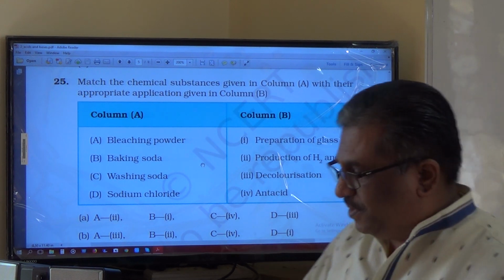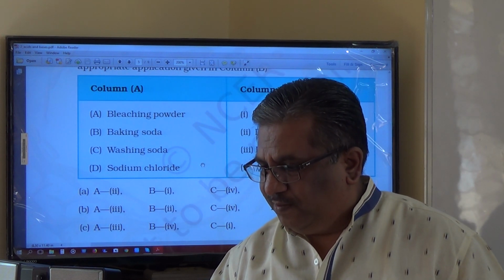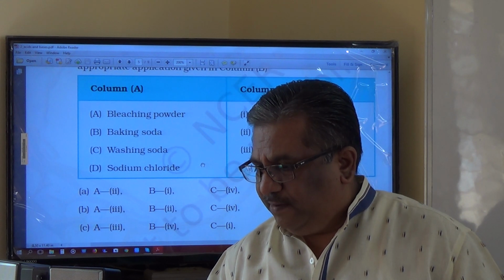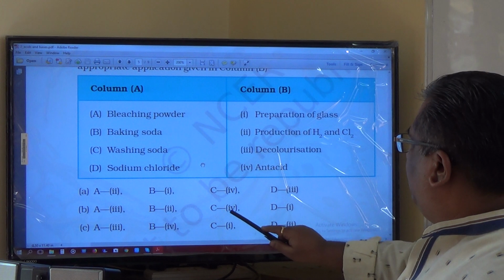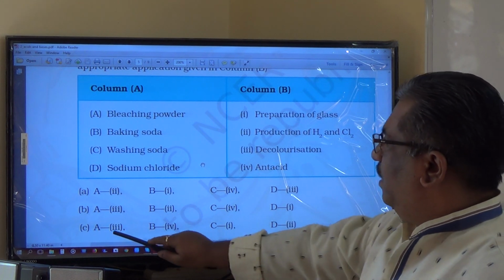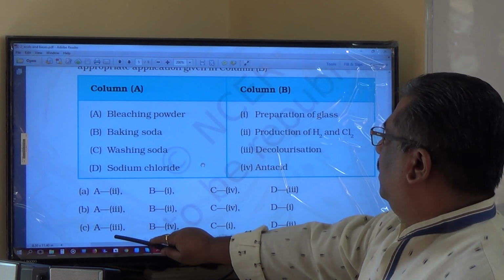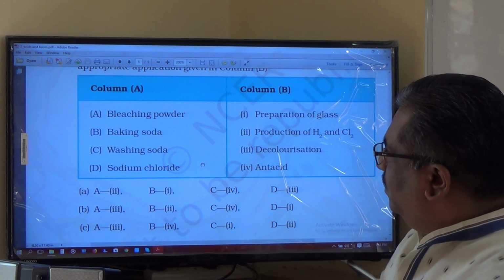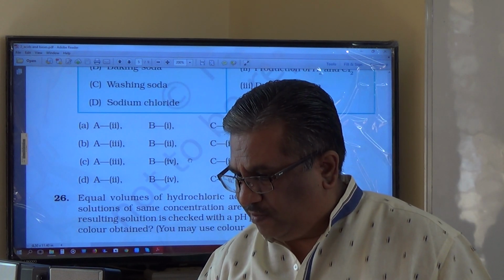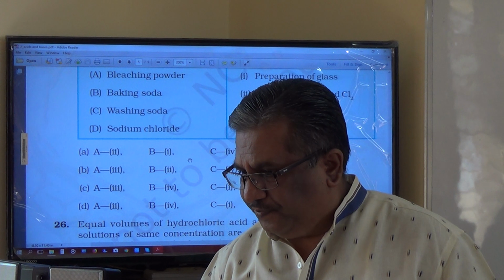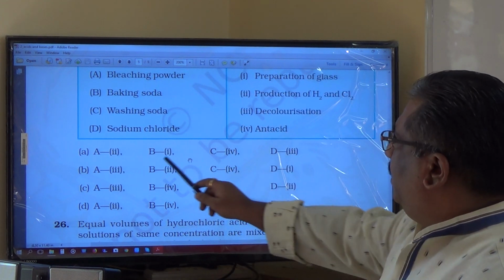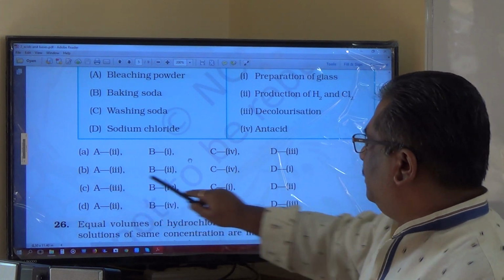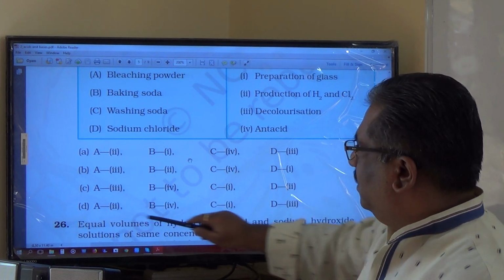So let me check what answers we have to find out here. A3. Where is A3? Here, A3. Okay. What he has given? Okay. So these are 4 options. A is this option, B is this option, C is this option, D is this option.